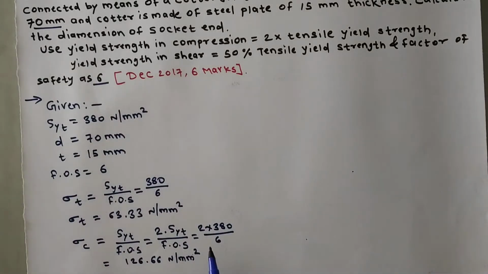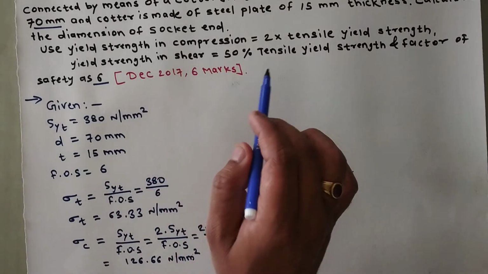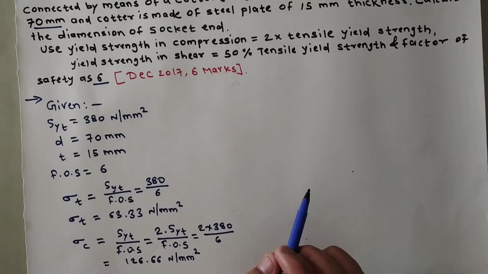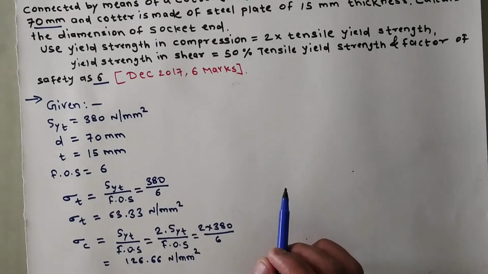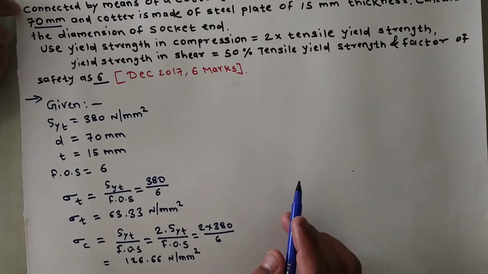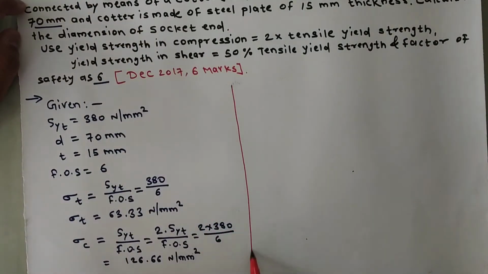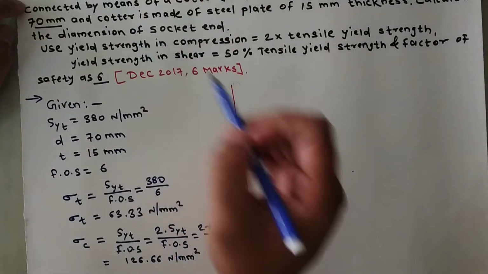We have also been given that the yield strength in shear is equal to 50% of tensile yield strength. So using that relation, we will find the shear stress.